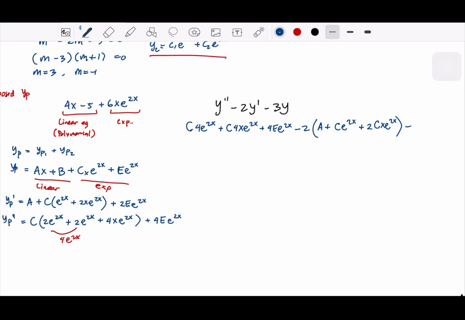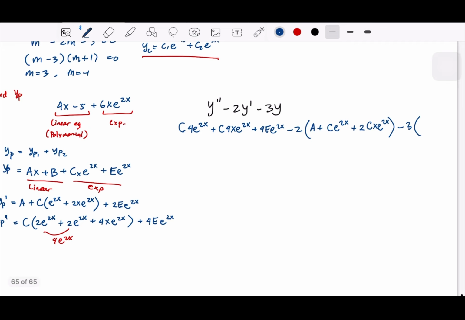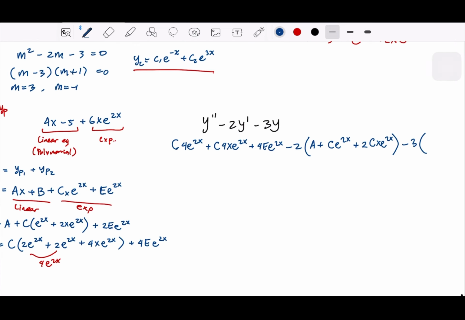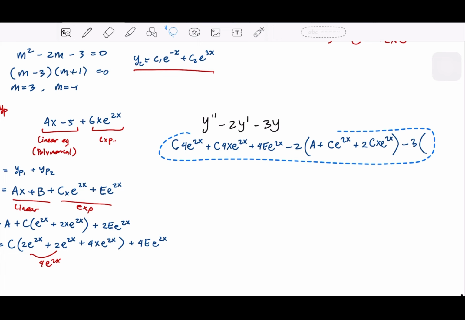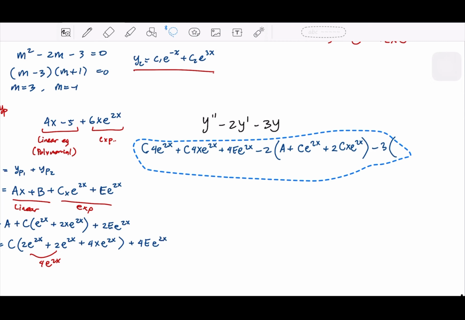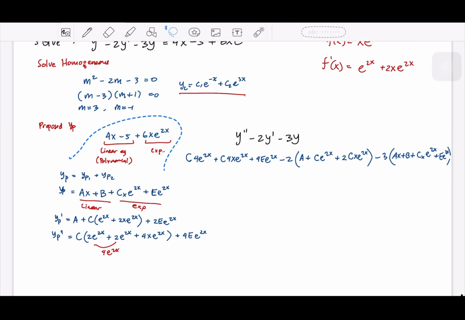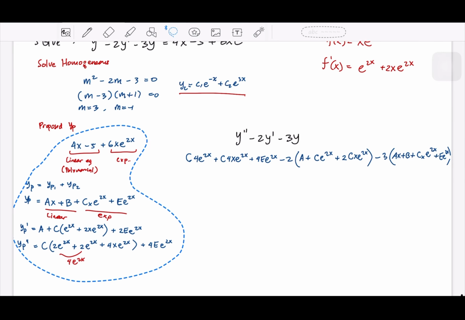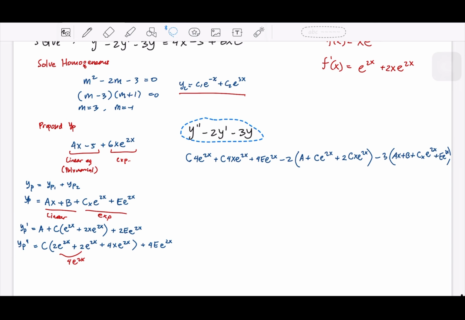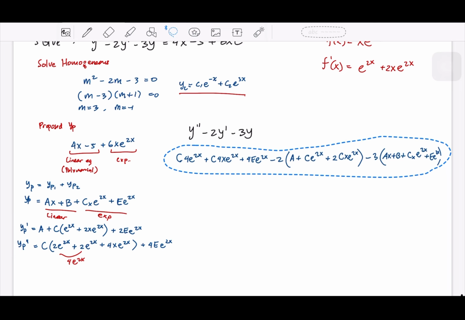Okay, minus 3, oh, I don't have space. Minus 3ax plus b plus cx e to x. Okay, I think we need to move this a little bit to the left. I think that way. Move here and move there. Okay.